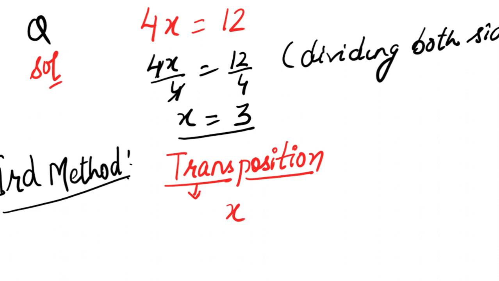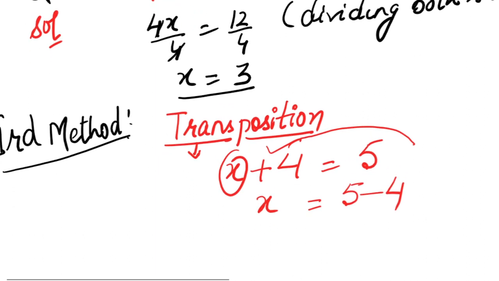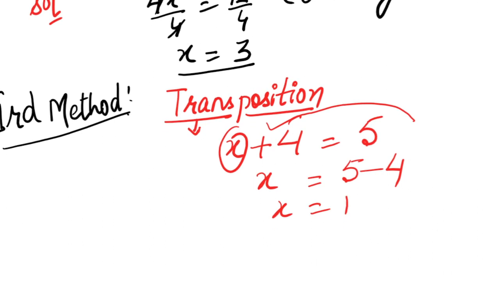Suppose we have an equation x plus 4 is equal to 5. We want the value of the variable x only, so x remains here. We want to change the position of this 4. When this 4 moves from the left hand side to the right hand side, it is plus, so it becomes minus. So the value of x is 1. In this transposition method, when we move any number from left to right, its sign changes.